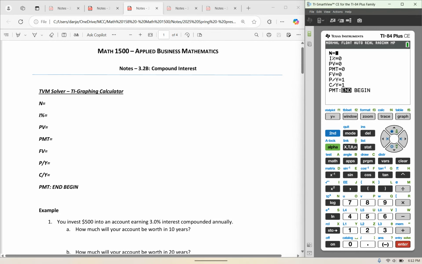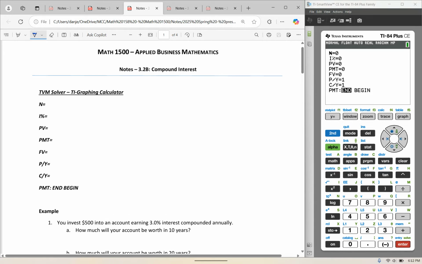Again, our formula that we've been working with is A equals P times (1 plus R over N) to the NT. I've also told you that in finance, we'll often use FV, the future value, instead of A, the amount in the future. And as opposed to P, we use PV.